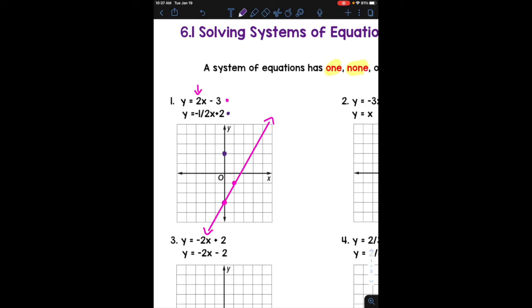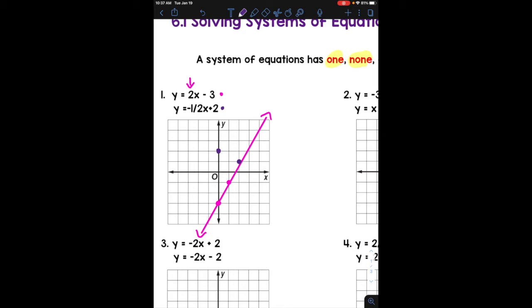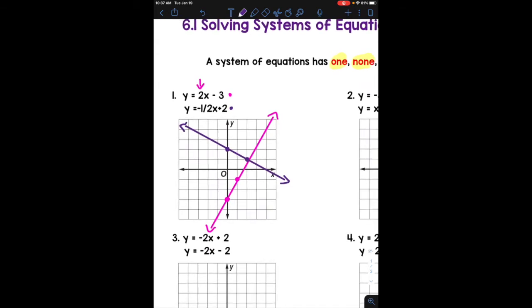Since it's negative, I know we're going to be going down 1 and to the right 2. So from my first point, slope -1/2, rise -1, down 1, run 2. And I'll go ahead and graph my straight line. Again, you want to make it as long as you can to cover the whole coordinate plane.